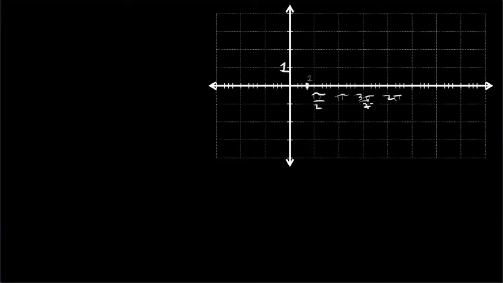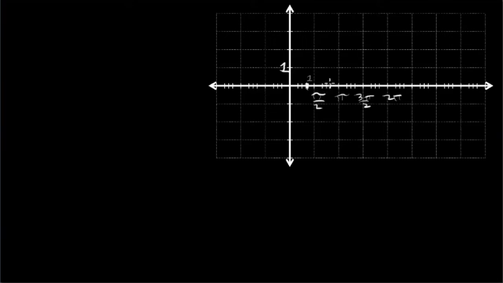So it would be 0, 30, 45, 60, 90, 120, 135, 150, 180, and then 210, 225, 240, 270, et cetera. They're spaced the same way those angles are as you go around the unit circle.